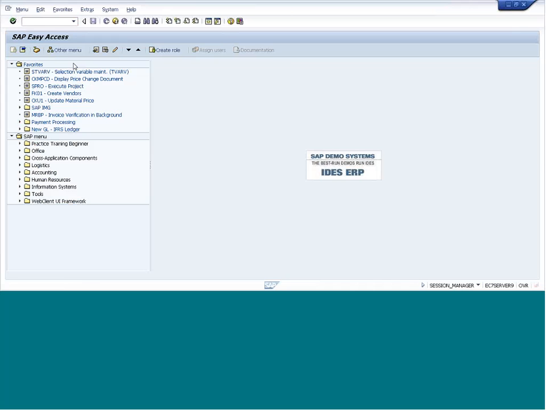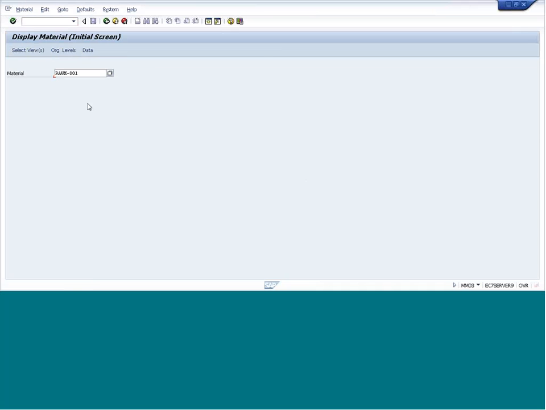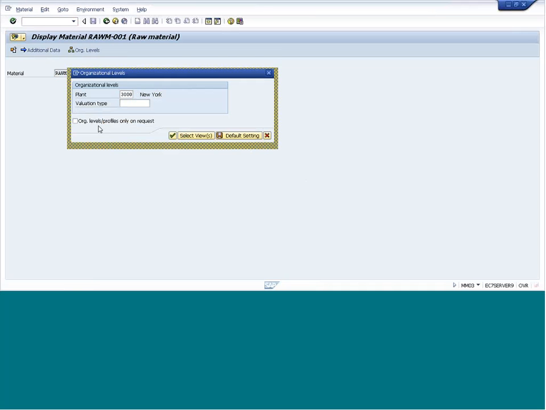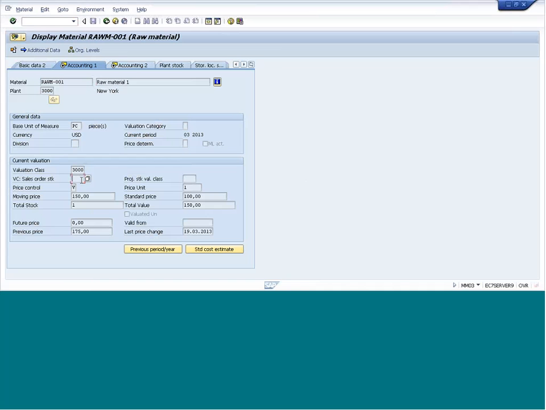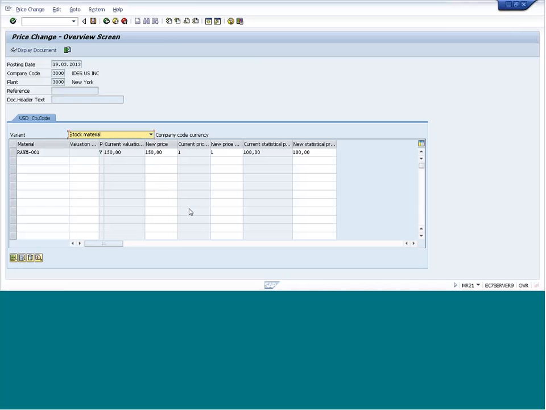So if I go back to the material master, here you can see a separate valuation class for sales order stock, separate valuation class for project stock. As a thought process, these two different valuation classes you can give. And in the same way, even here, you have a chance to have a different value.